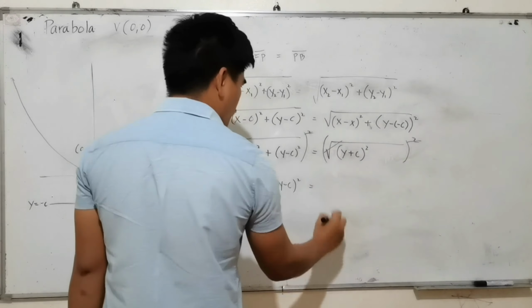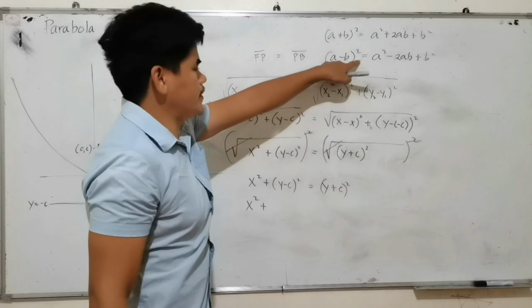If you can remember, (a plus b) squared is equal to a squared plus 2ab plus b squared. (a minus b) squared is equal to a squared minus 2ab plus b squared. Since this is minus, we will make use of this.